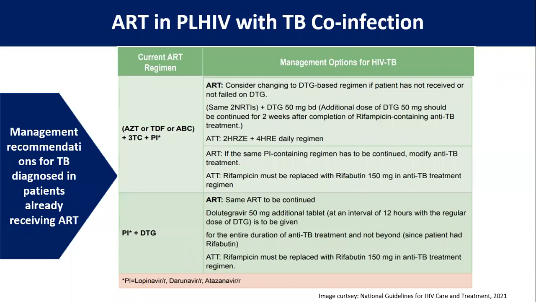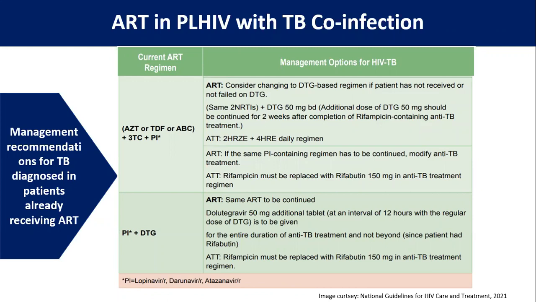Now, if the patient is on PI-based regimen along with DTG, then we'll have to make DTG twice daily, and for PI, we'll have to change rifampicin into rifabutin. If the patient is on PI and DTG, the dolutegravir additional dose has to be given for the entire duration of anti-TB treatment, and not beyond.